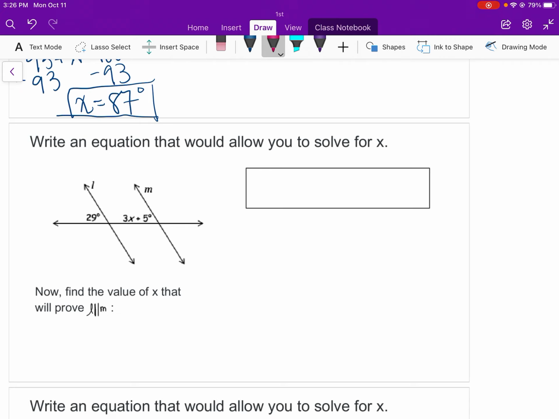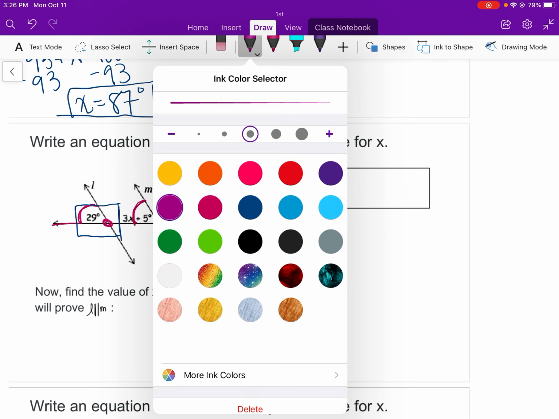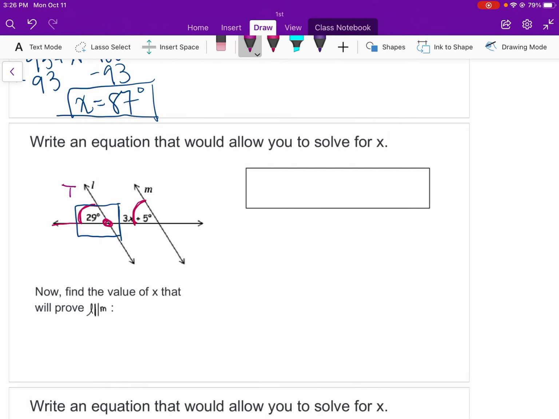Okay. Now, for our next one, we see we have an angle right here, an angle right here. So we're looking at this intersection. So I'm looking at this picture right here. 29 degrees is in the top and then left corner.